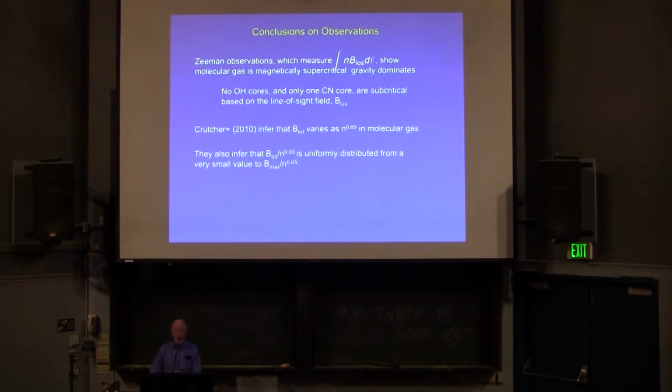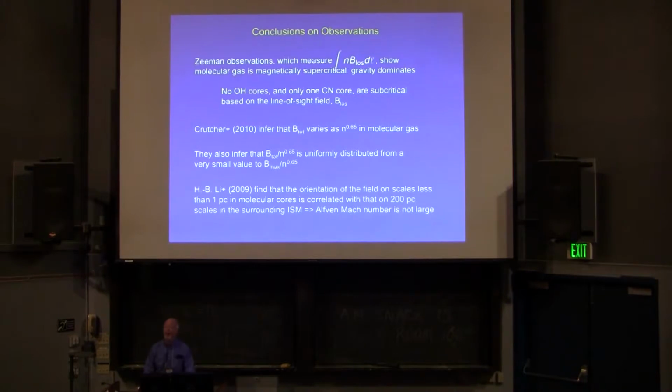They also inferred that this total magnetic field divided by the density to the 0.65 is uniformly distributed from a very small value to some maximum value. And then somewhat counter to this, Wabai Li and company compared the structure on very small scales to that at very large scales and showed that there was a good correlation. So the magnetic field cannot be too weak.